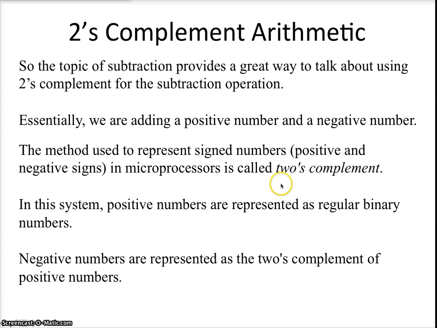In order to subtract, we take the negative of a number, and then we add the two numbers. The method used to represent signed numbers is called 2's complement. In this system, positive numbers are represented as regular binary numbers, and negative numbers are the 2's complement of the positive numbers.